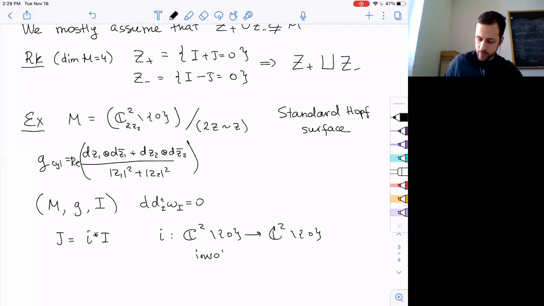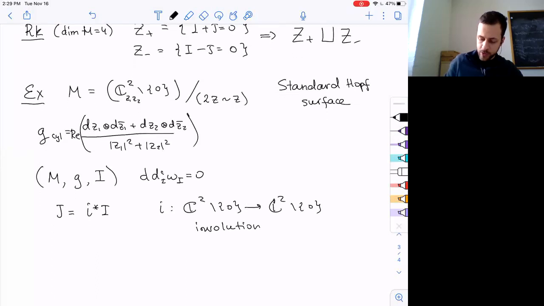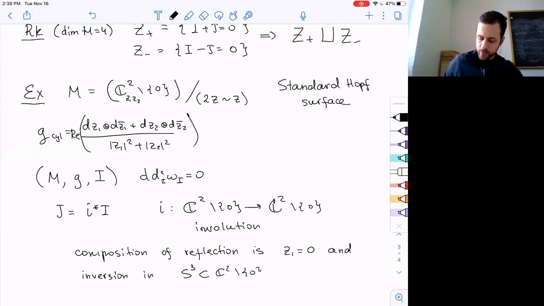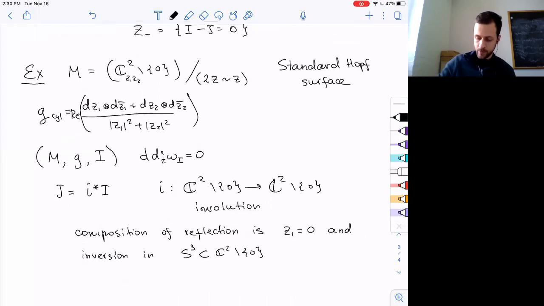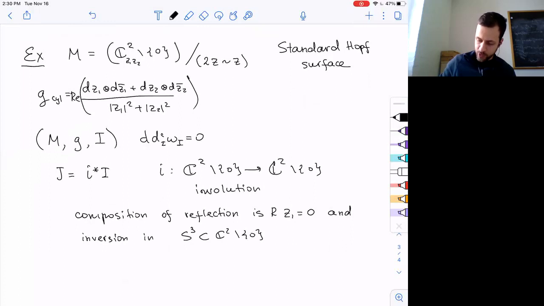The involution is given by the composition of a reflection in, say, the plane where the real part of z1 equals 0, and a reflection, or rather I should say an inversion, in the unit sphere S3 inside C2 minus the origin.